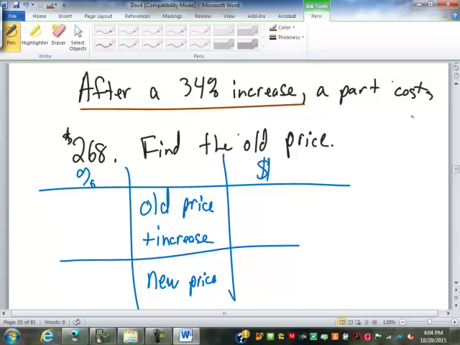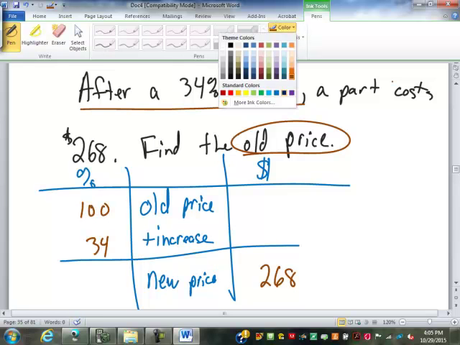Well, after the increase implies that it is the new price. The fact that we're looking for the old price means it's definitely not the old price, right? On the other side, we have the 34% increase. But there's always one other number that we have, and that is 100%. It's going to be the starting amount, the old price.